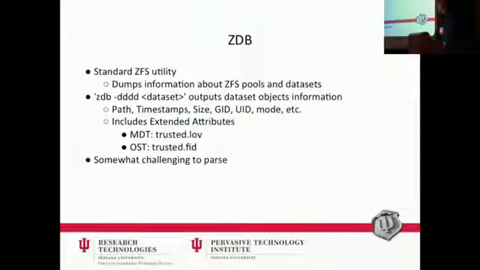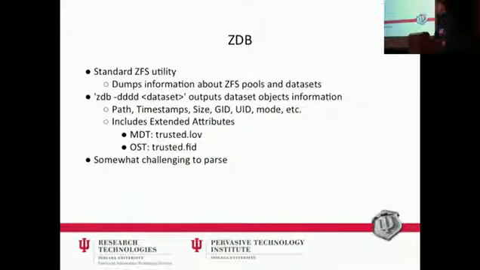In order to get information out of these lower levels, it turns out there's a standard utility that comes with ZFS called ZDB. If you use Lustre ZFS and you're already familiar with ZDB, check it out. It's a very, very powerful utility. It'll provide quite a bit of information to you.